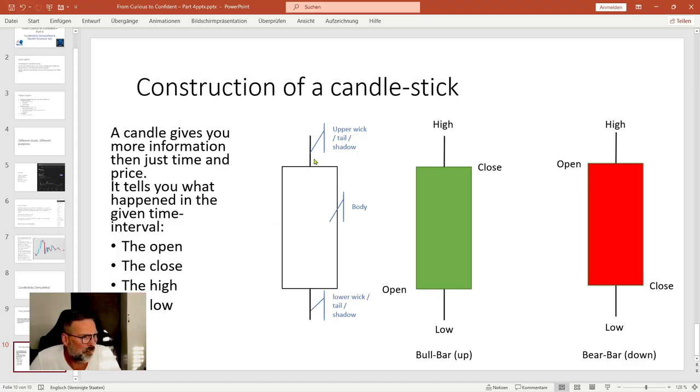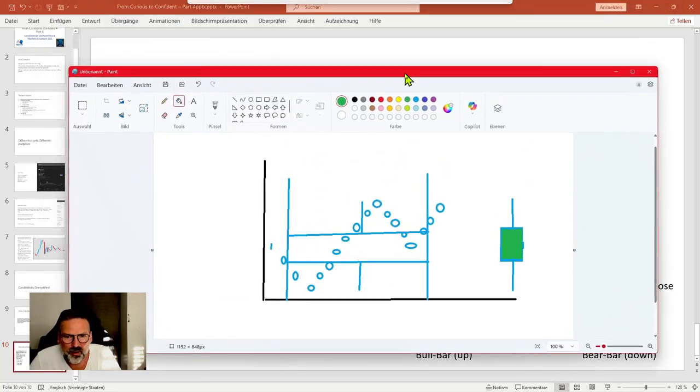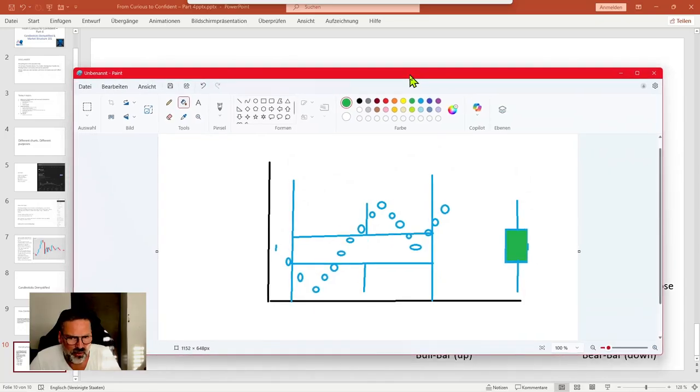Here you have an upper wick or a lower wick. Wicks are also called tails, sometimes shadows. It's all the same. Sometimes a candle doesn't have a lower wick, sometimes doesn't have an upper wick, sometimes no wick at all. And that all depends on how price moves in that interval, right?